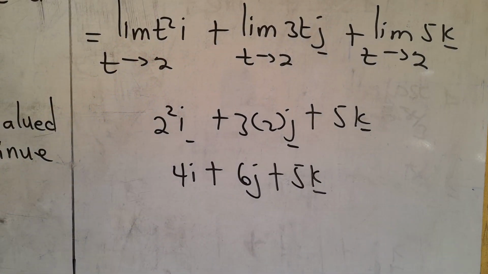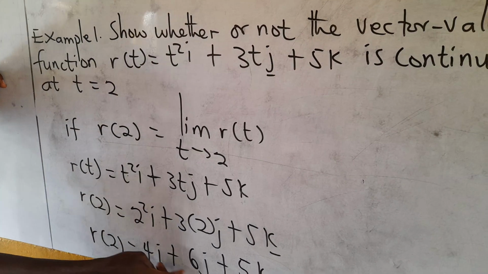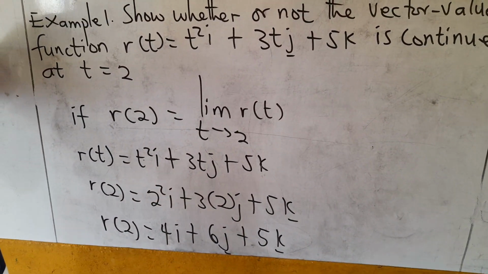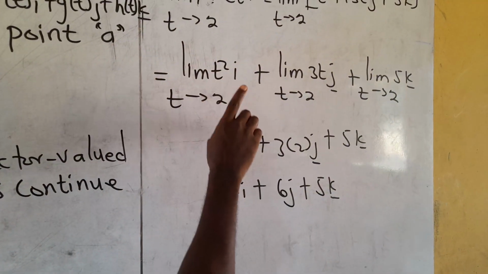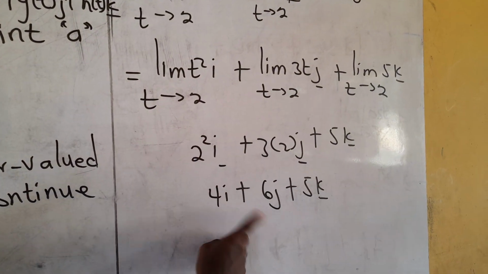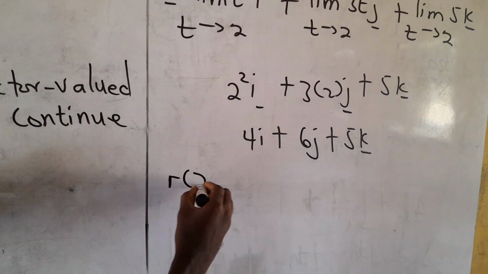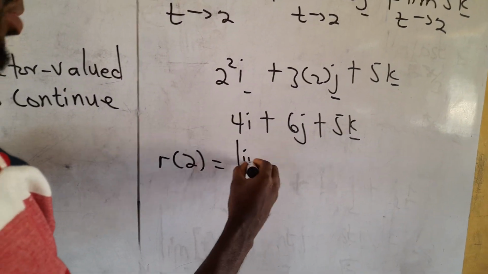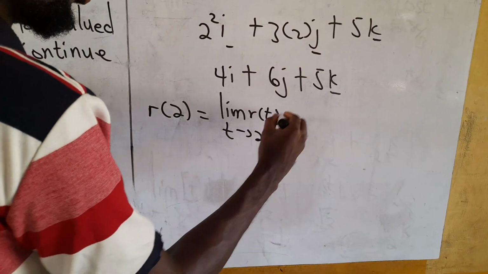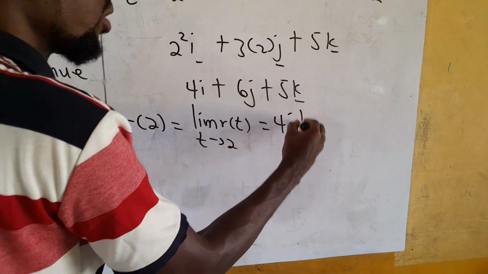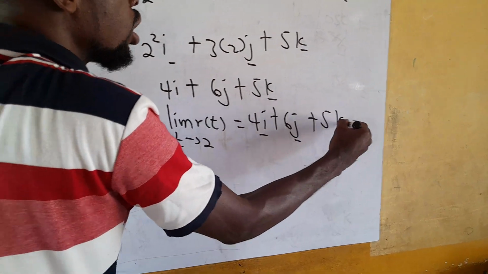Remember, when we find r of 2, we get 4i plus 6j plus 5k. And when we find the limit of r of t as t approaches 2, we got 4i plus 6j plus 5k. So we can say that our r of 2 is equal to the limit of r of t as t approaches 2, all equal to 4i plus 6j plus 5k.